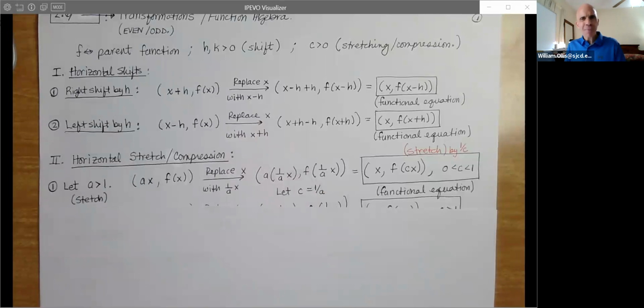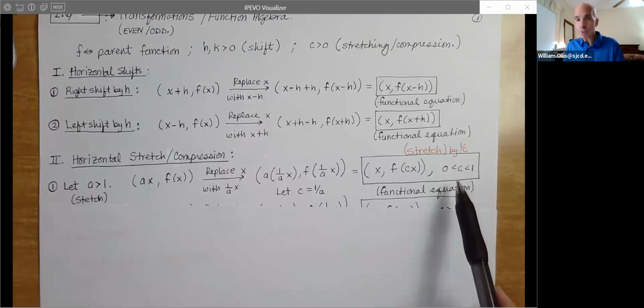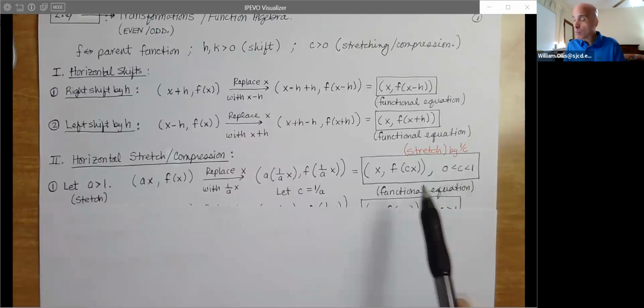But you're thinking, that's not exactly how it looked in college algebra. Now at this point, we say, okay, we're going to assign c to be 1 over a. Now think about this. If a is greater than 1, 1 over a would have to be between 0 and 1. So now we see that c is between 0 and 1, and we replaced x with c times x.